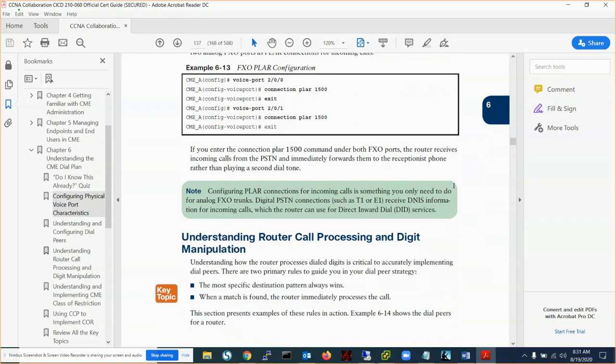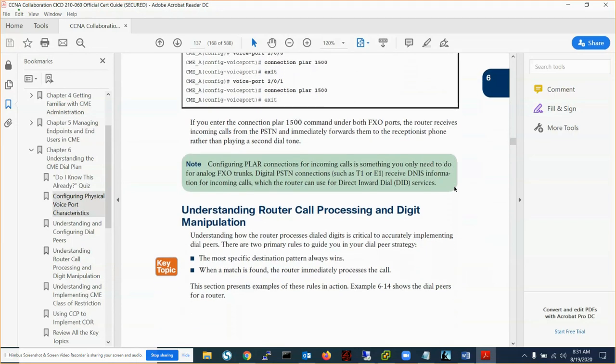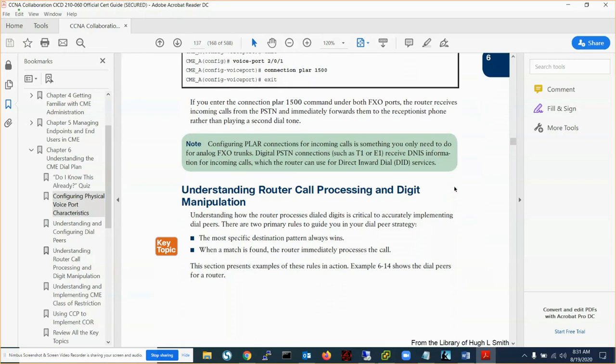So that was the effect they describe. This is for CME, not really for Call Manager.